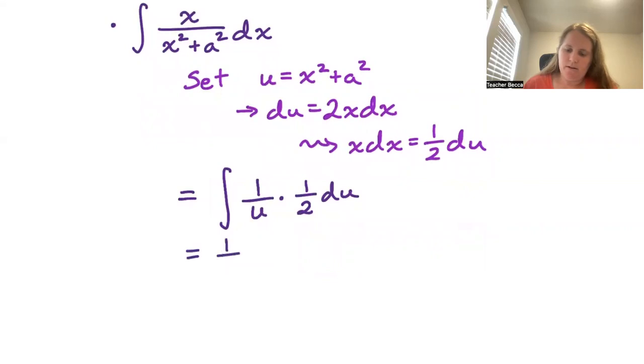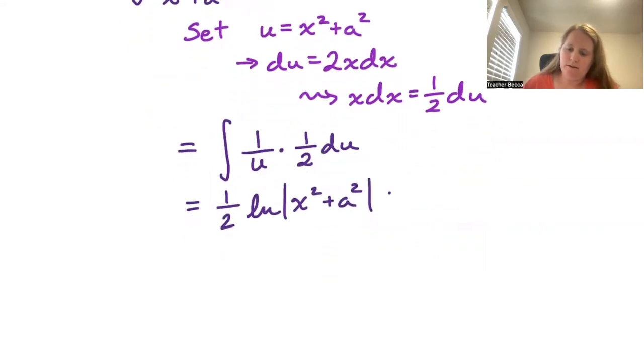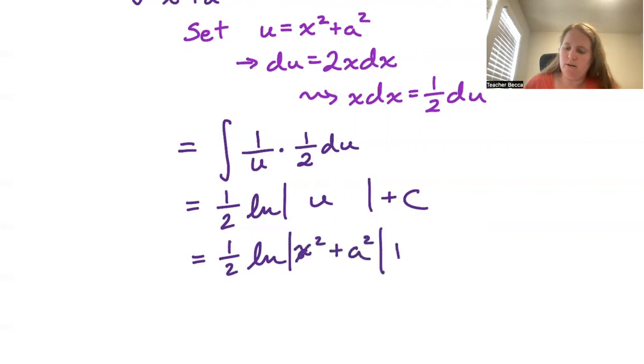We would have 1/2 the natural log of the absolute value of u, which becomes 1/2 the natural log of the absolute value of x squared plus a squared plus c.